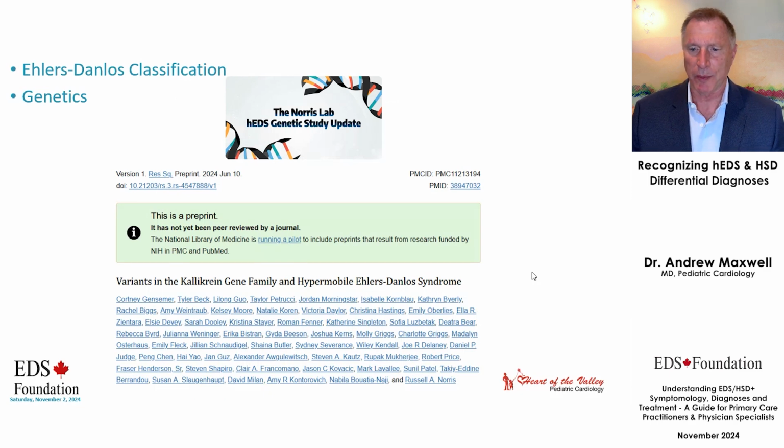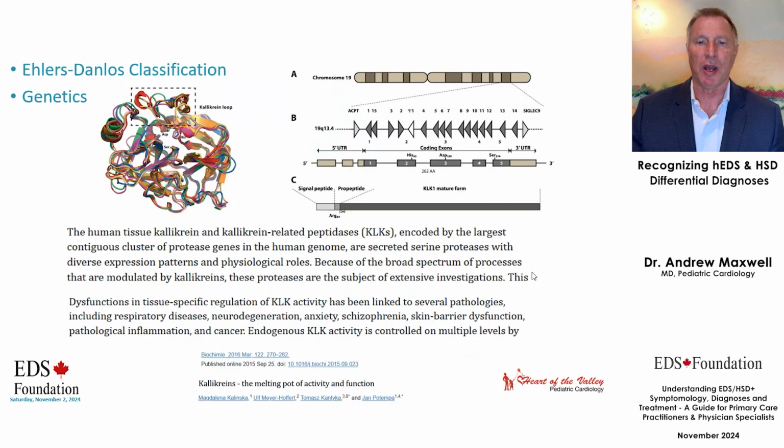And one group in particular, the Norris Lab, and kudos to Courtney Gensimer, who has done a lot of this work, has found one particular gene of interest and has put that into at least pre-publication format, hoping that it will be published soon.